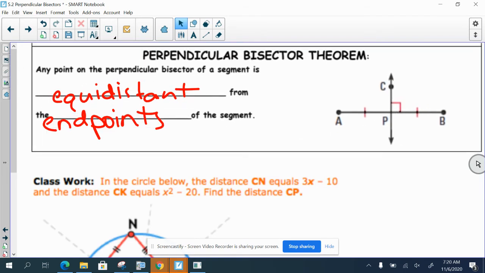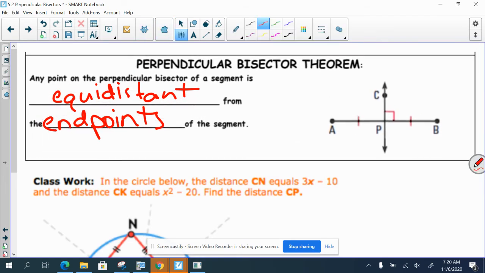So that's just what I was saying. Sorry about this, guys. AC and BC are congruent. If you picked any other point here, say you picked a point down here and called it X, BX and AX would be congruent, right?